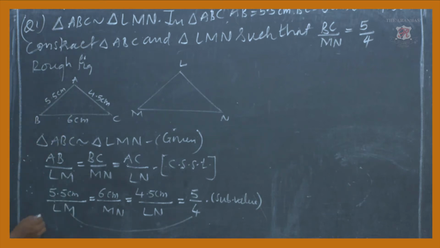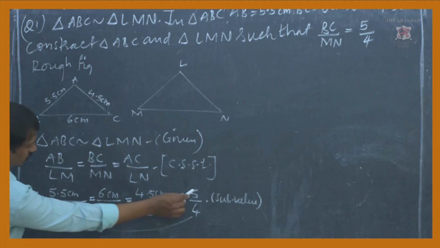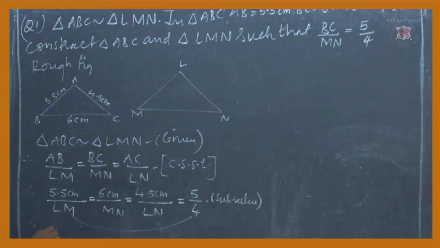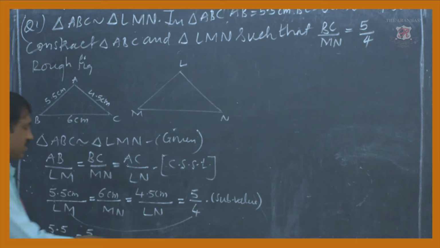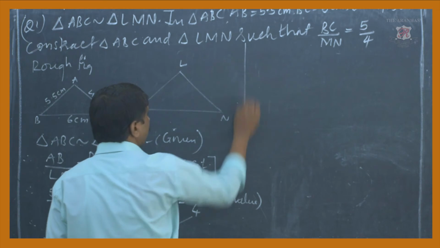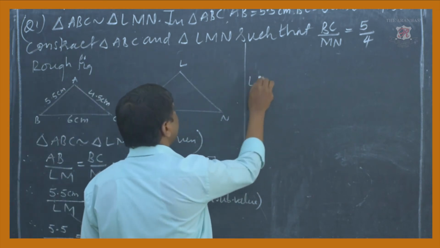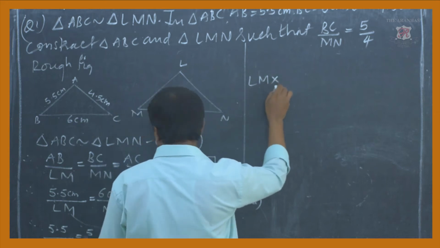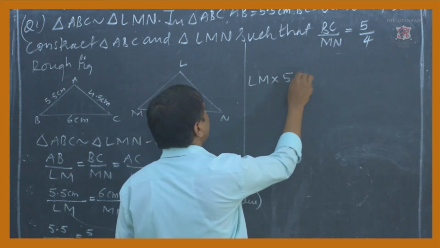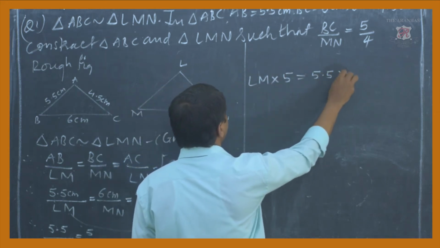The first one we will do is 5.5 centimeter upon LM, which is equal to 5 upon 4. Do simple cross multiplication. So in the cross multiplication, LM into 5 is equals to 5.5 into 4.